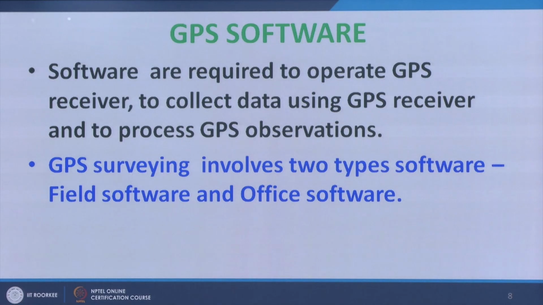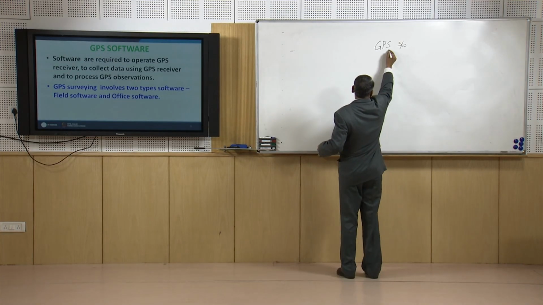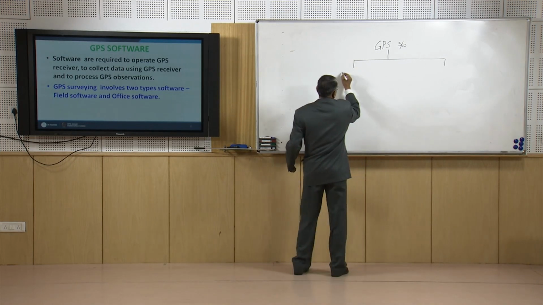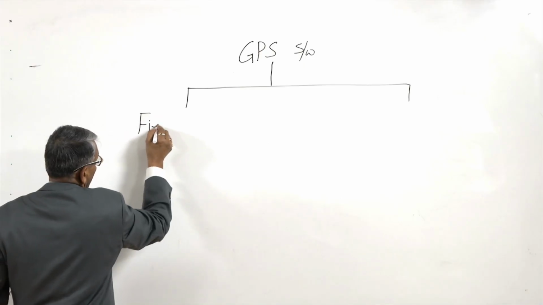Now there are two fundamental types of GPS software. One is called field software.